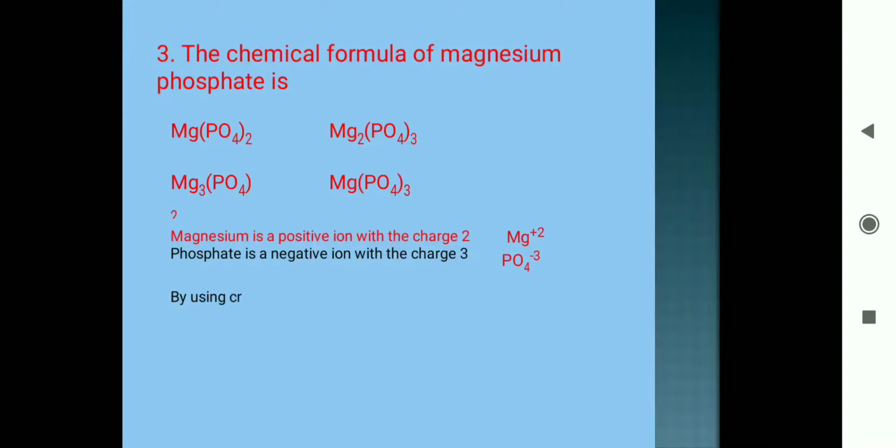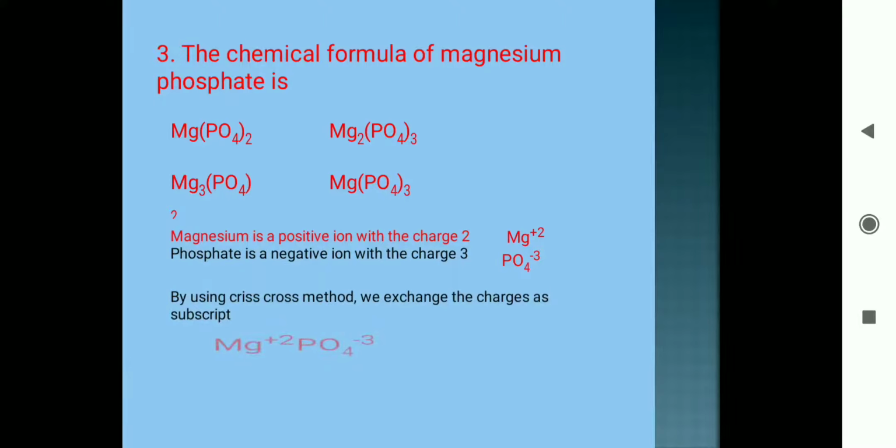So by using this criss-cross method, where we exchange the superscript, exchange the powers, exchange the charges of magnesium and phosphate ions, we are going to write these charges as subscript.